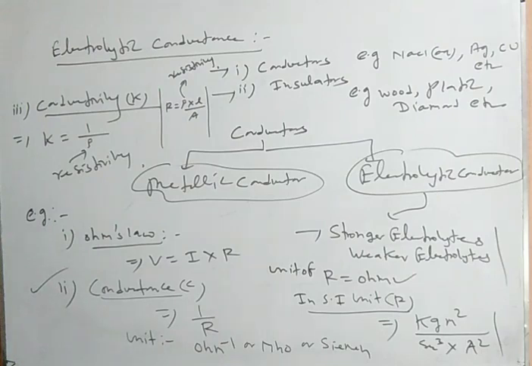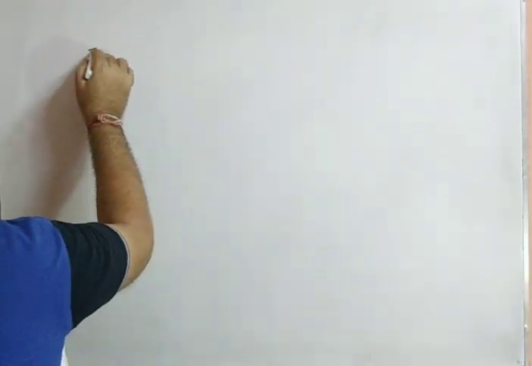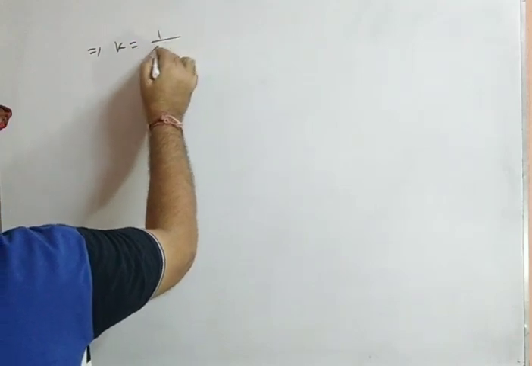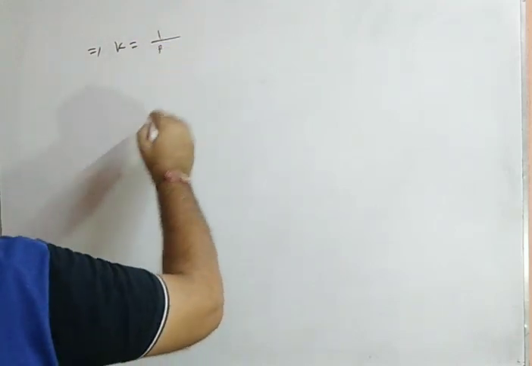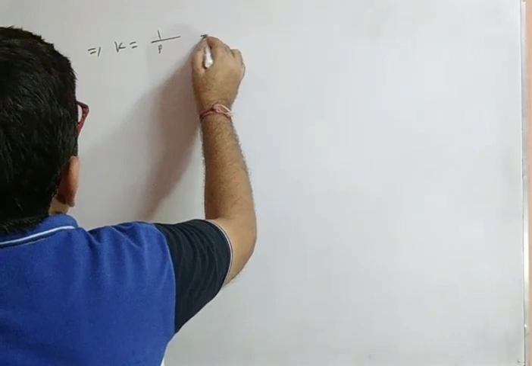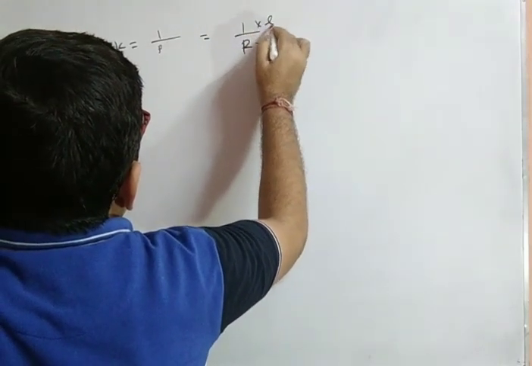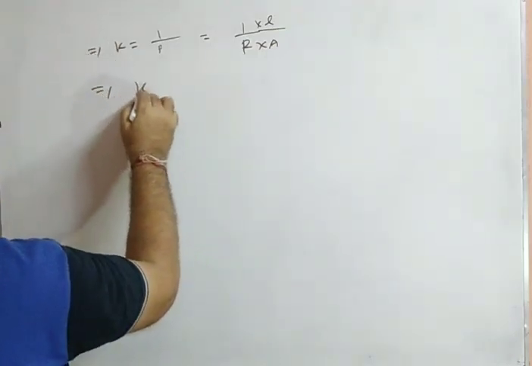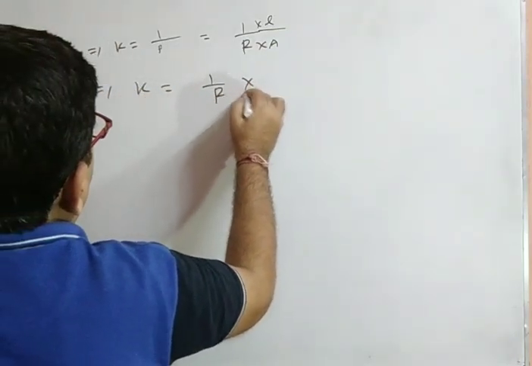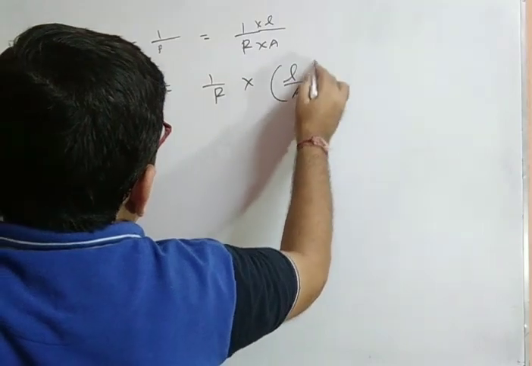Resistivity. Similarly, we can find out the unit of resistivity and conductivity. K is equal to 1 by rho. It can be written as 1 by R into L by A.